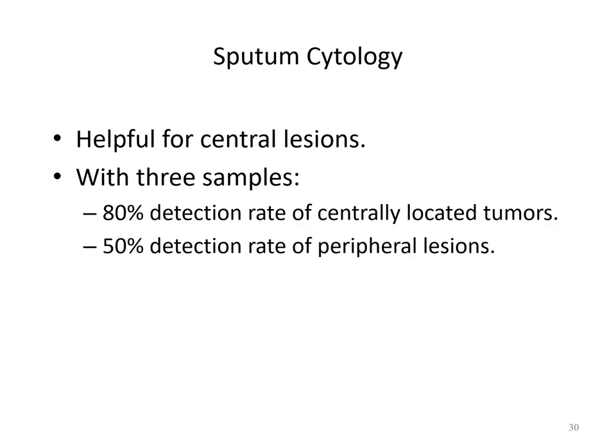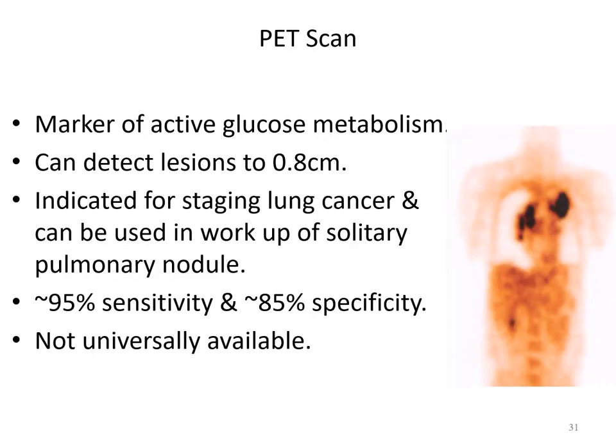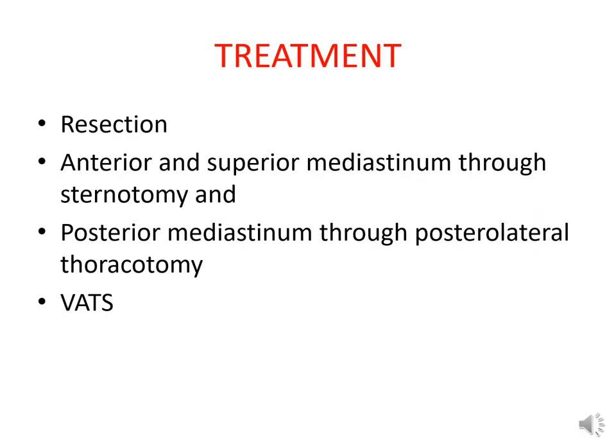The sputum cytology will again be more helpful in cases which have bronchial extension or bronchial lesions, but not a mediastinal lesion. The PET scan, of course, will detect any type of activity in the chest, including the lungs or in the mediastinum. The treatment of mediastinal masses, if they cause symptoms, is primarily resection.